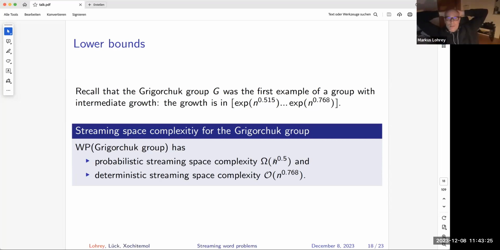Residually, yes. So you mean whether this lower bound here would be true for all, let's say, residually nilpotent groups or something? I don't know actually. I haven't thought about that. That's a good question, but I don't know. Thank you. I have to check the arguments for the lower bound, of course.